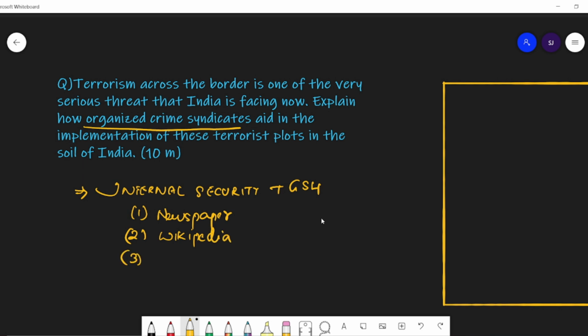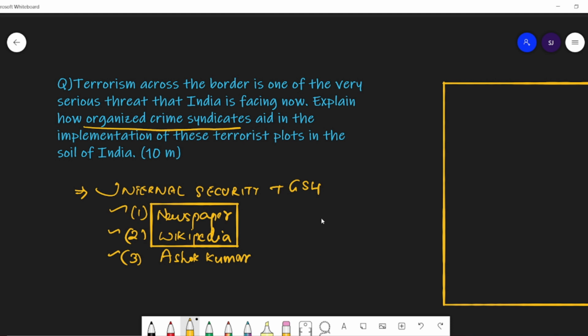There is an internal security book by Ashok Kumar IPS. It is a very small book, and it covers all the important events and topics of internal security. But I would say newspaper and Wikipedia for internal security will be more than enough.